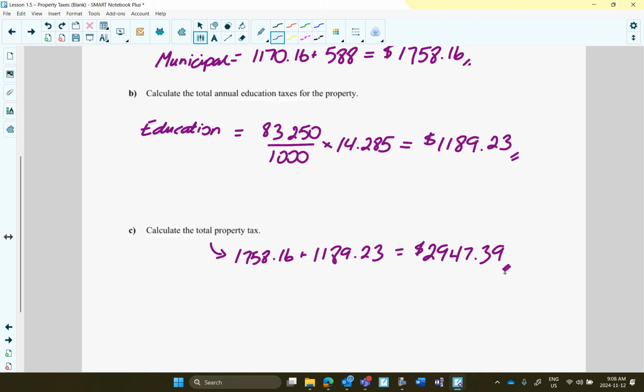So that's basically what we're going to do with property taxes. Okay, there we go.